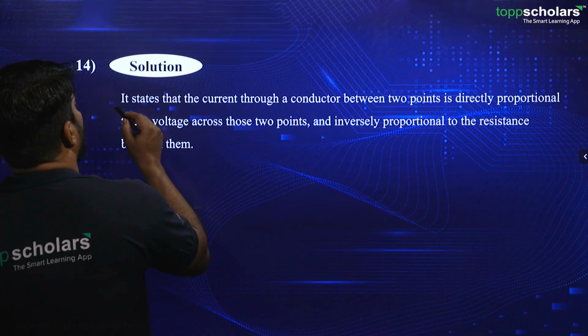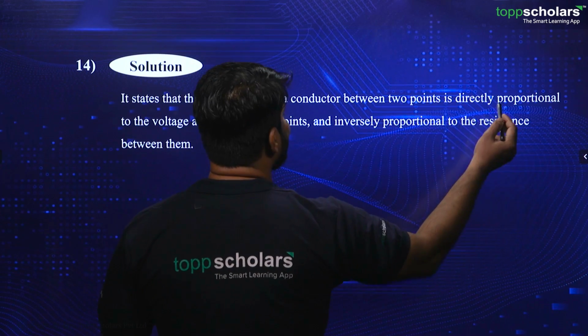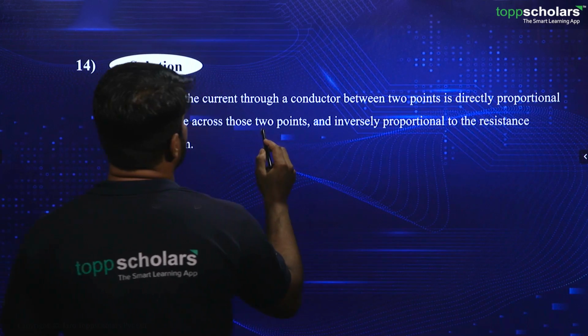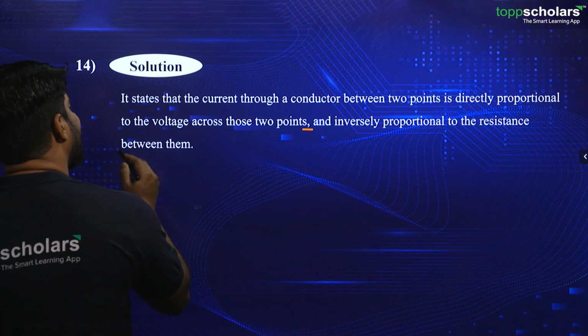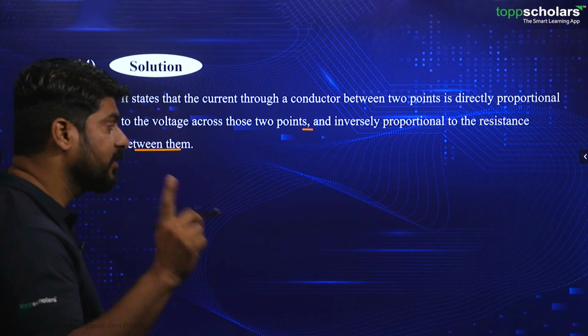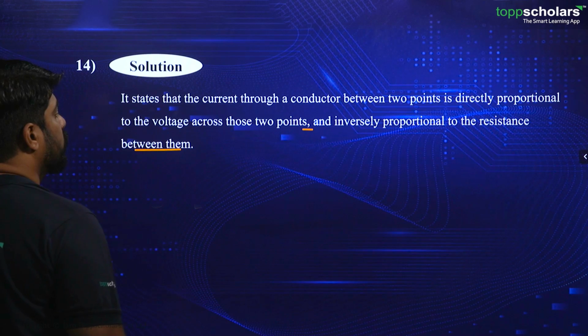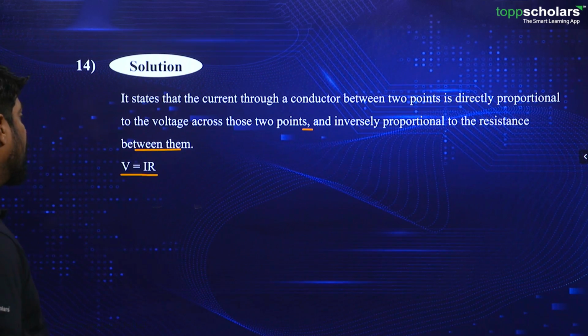So Ohm's law states that the current through a conductor between 2 points is directly proportional to the voltage across those 2 points and inversely proportional to the resistance between them. So this is the Ohm's law. It can be written like this: V is equal to IR.